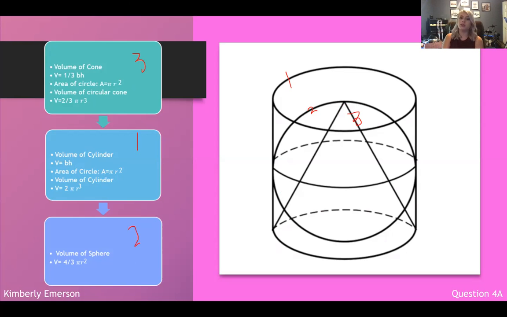So the volume of the cylinder would equal base times height. The area of the circle would equal pi radius squared. Volume of the cylinder would equal 2 pi radius cubed. It's all kind of the same formulas, but the numbers are different for each one. So the volume of the sphere would equal 4/3 pi radius squared.